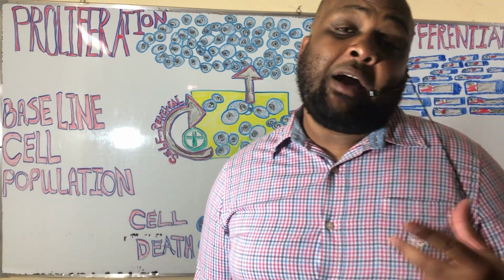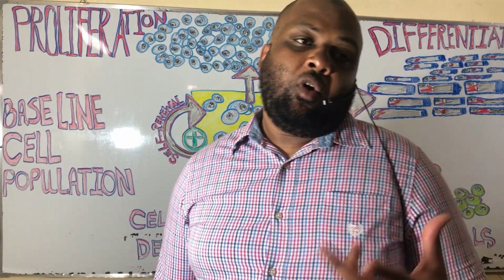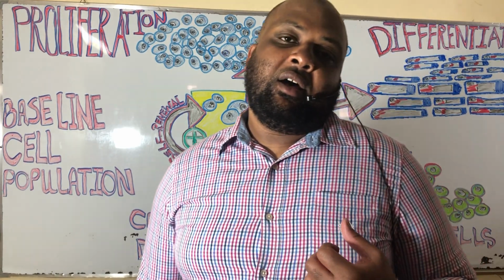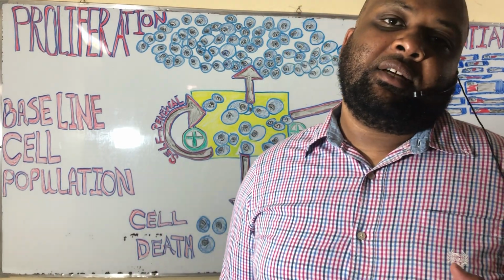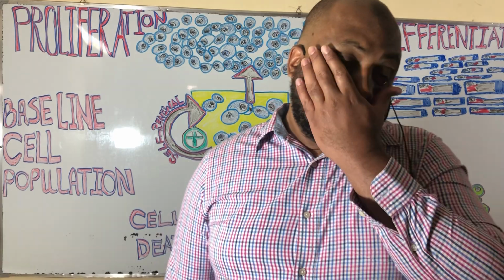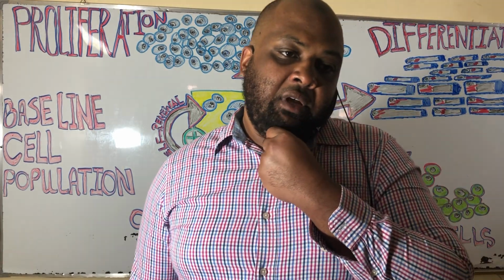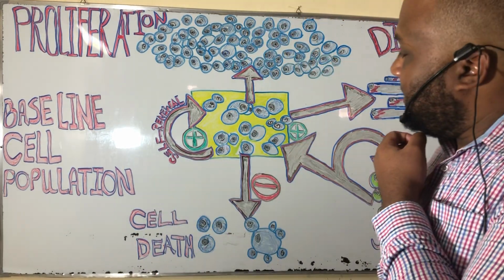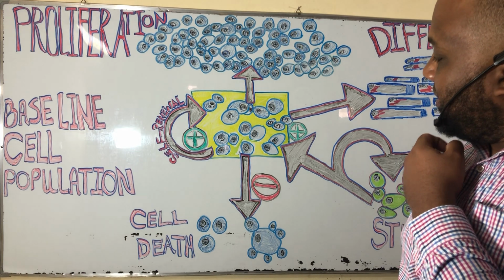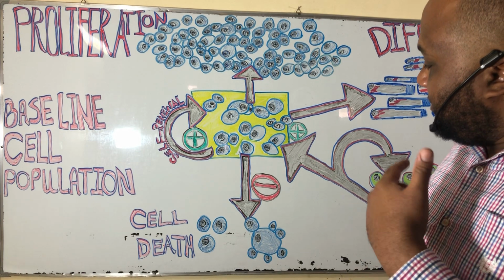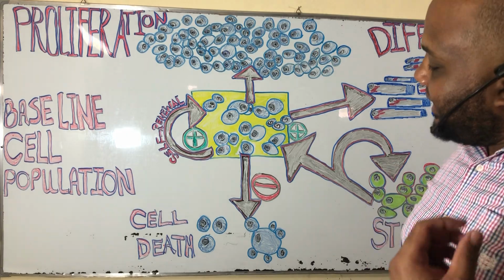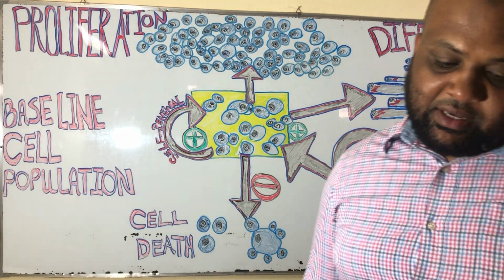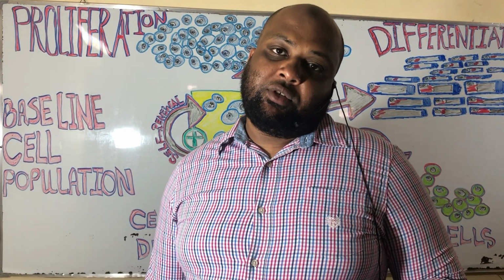And then we talked about how stem cells are also a source of providing cells for the population. And last but not least, we have factors that cause a depletion, as shown by the minus sign. That shows us cell death due to apoptosis or necrosis.